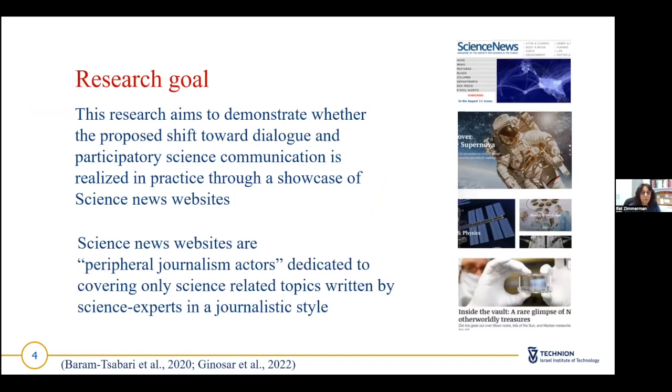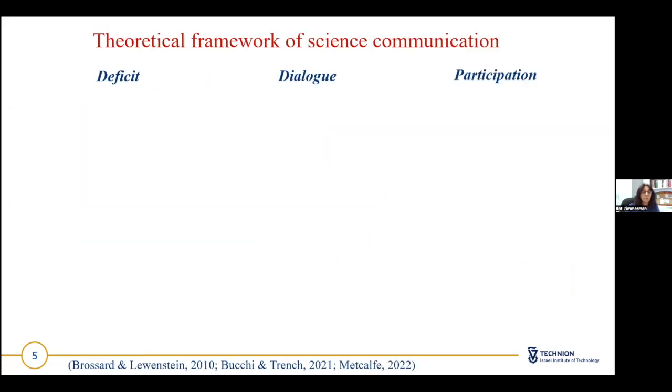Science news websites are peripheral journalism actors dedicated to covering only science-related topics written by science experts in a journalistic style. We did so in light of 3 theorized science communication models: the deficit, dialogue, and participation. Each model describes science public relations differently.